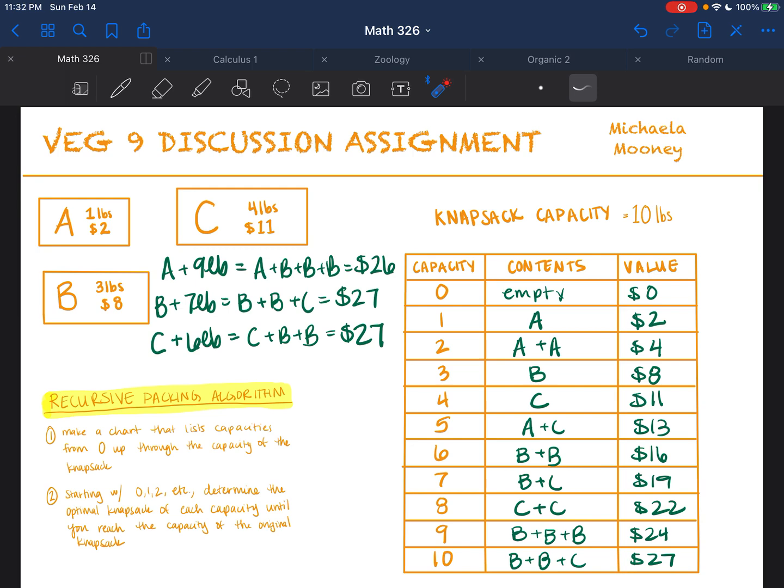Every one relies on the one before it, or multiple ones before it, because for B we have to go back 3 steps. So if we were at 7, we'd go to 6 for A, and for B at 3 pounds, we would have to go back to 4. It may seem long, but this is actually the fastest way to do it.